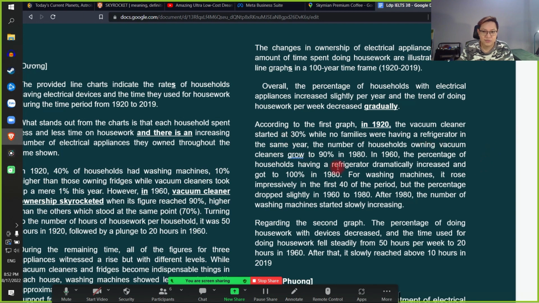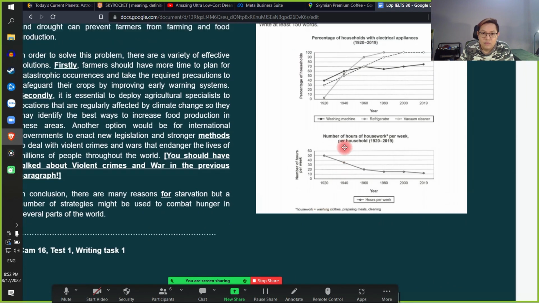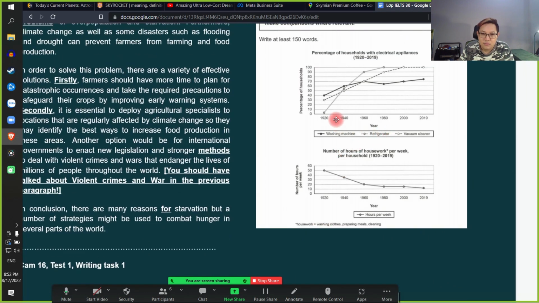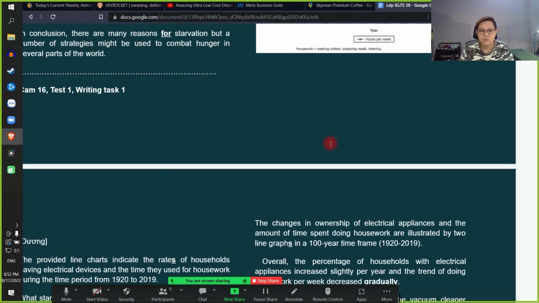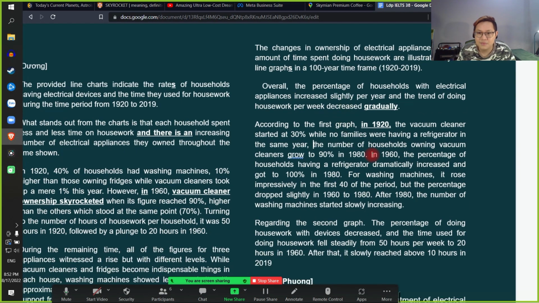The vacuum cleaner started at 30%. When a family will have a refrigerator in the same year. Refrigerator. Tại vì cái thời đó refrigerator nó còn không phổ biến. Back then there were no refrigerator around 1920, I believe. Okay, number household owning vacuum cleaners.